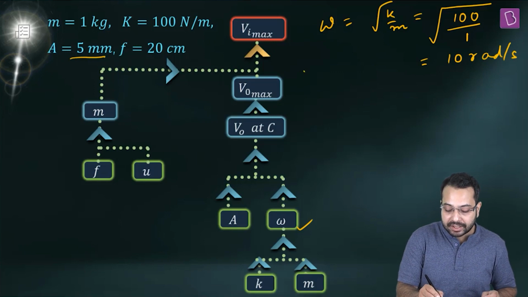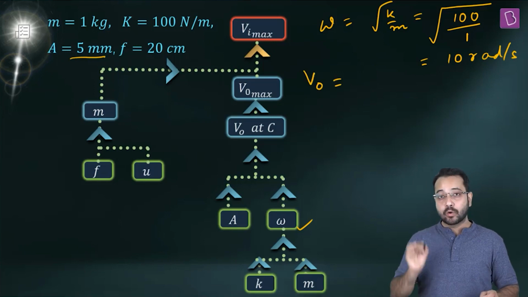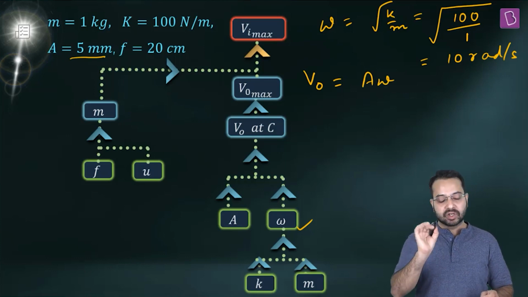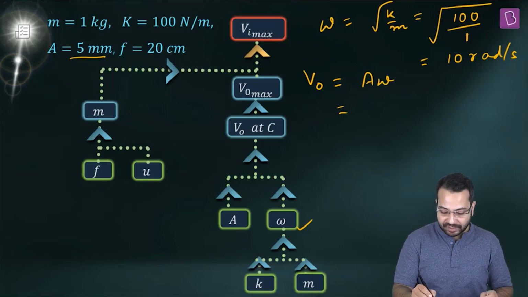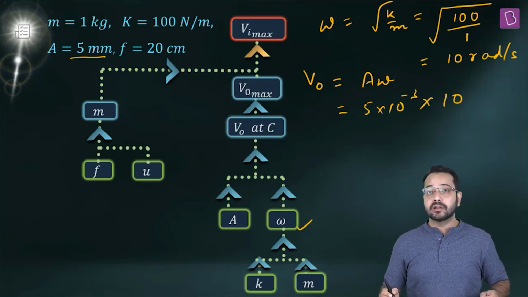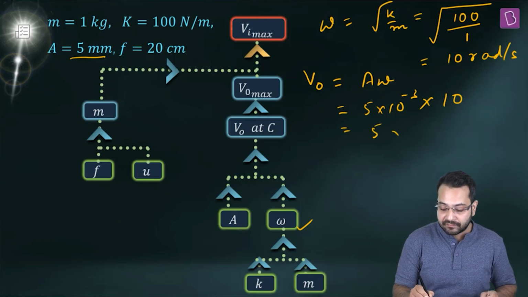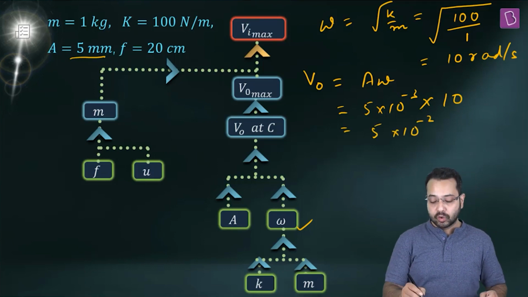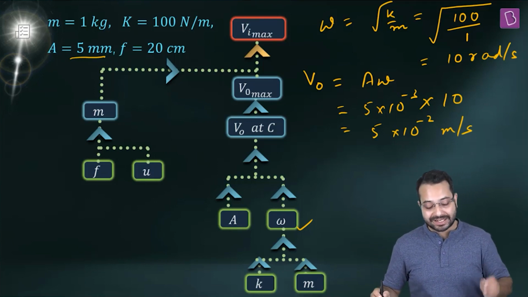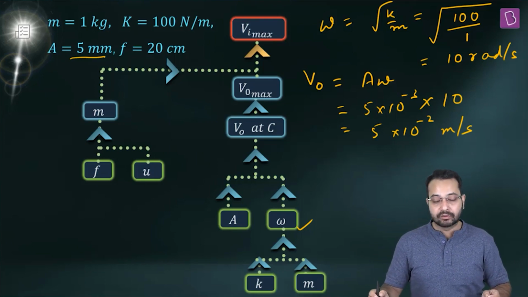I can calculate the velocity of the object when it is maximum. And what is that? That is A times omega, correct? So this becomes 5 millimeter, or I can say 5 into 10 to the power minus 3 meter multiplied by 10 radian per second. So this becomes 5 into 10 to the power minus 2 meter per second. All right. So velocity of object max is also calculated.